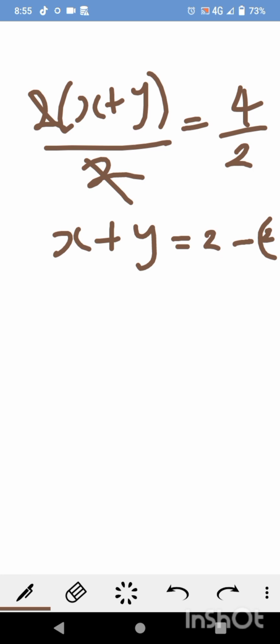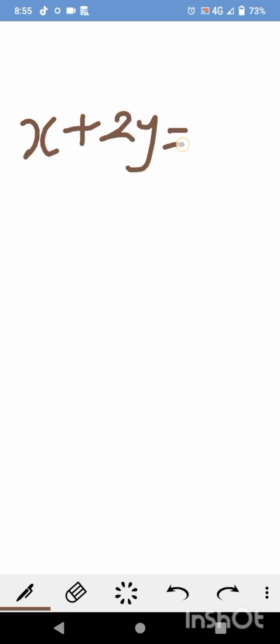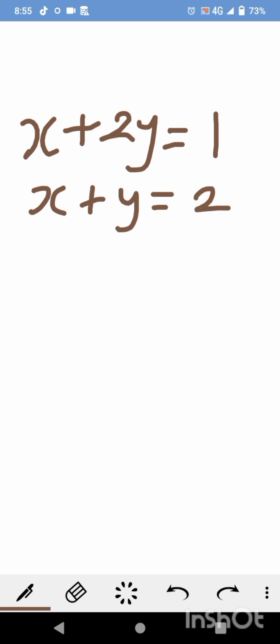This becomes our equation 2. Alright, so equations 1 and 2 are going to be solved simultaneously. Equation 1 was x plus 2y equals 1, and equation 2 is x plus y equals 2. So how do we solve this? I think we can subtract the two equations, subtracting equation 2 from equation 1.